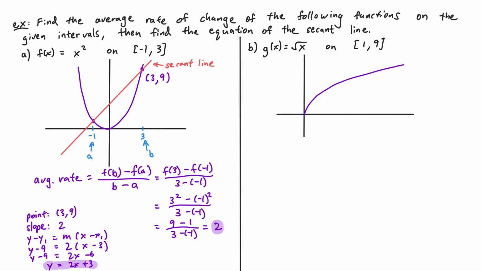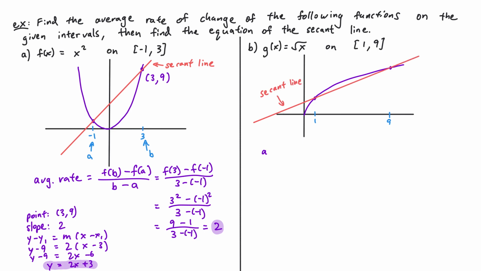We're interested in finding the average rate on the interval from 1 to 9. So let's find those corresponding points on our graph. At x equals 1, we have a point here. At x equals 9, we have a point here. Now remember that the average rate of change for our function on the interval from 1 to 9 is going to be the slope of this secant line that connects our 2 points.